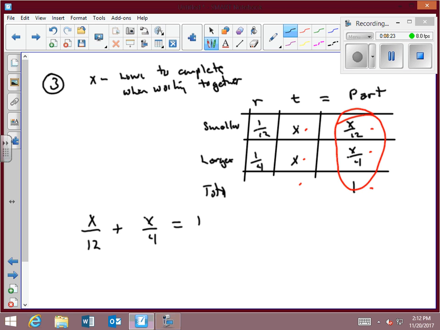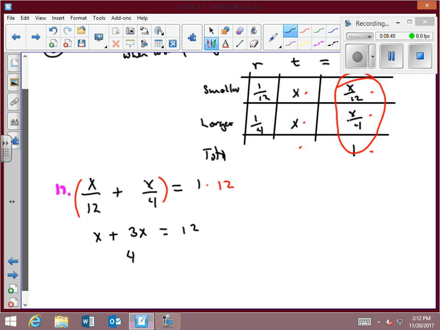equals one job. Then you multiply by the least common denominator, which is 12. When I distribute that, I have X plus 3X equals 12.